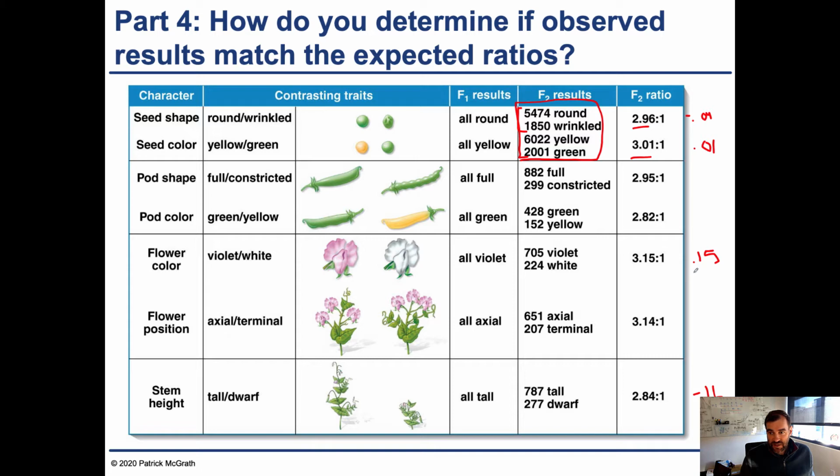On average, the deviation was almost 10 times larger. This is a known property of statistics: the more individuals that you test, the closer to the expected ratio you get. The fewer individuals that you test, the further away from the expected ratio you get just by chance.